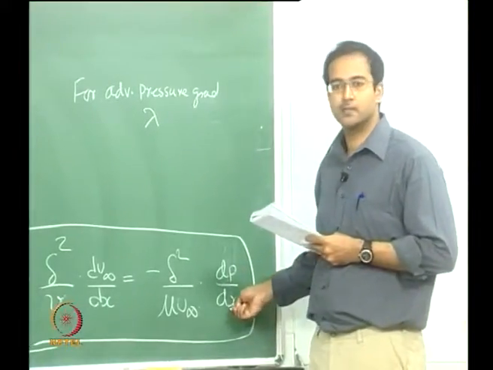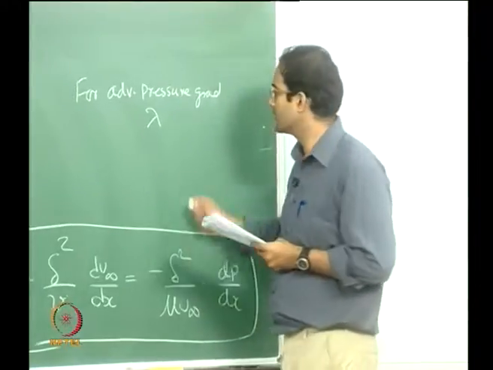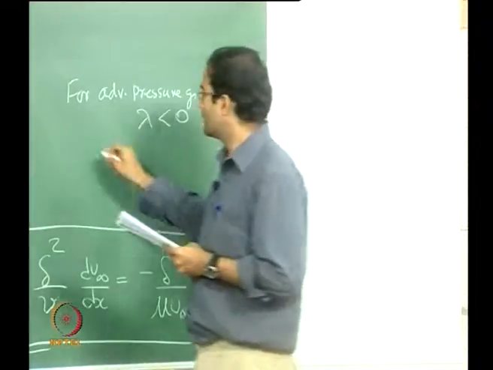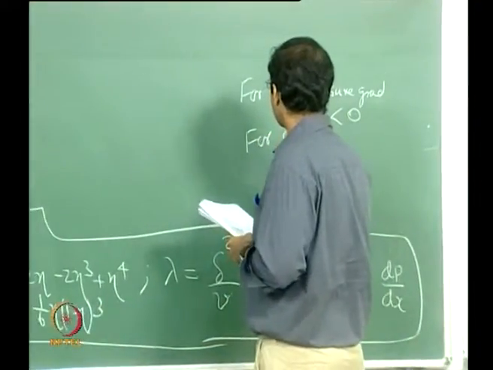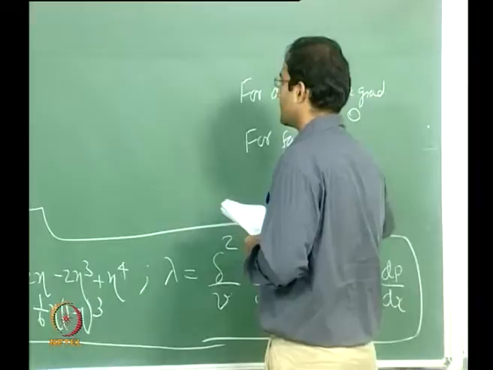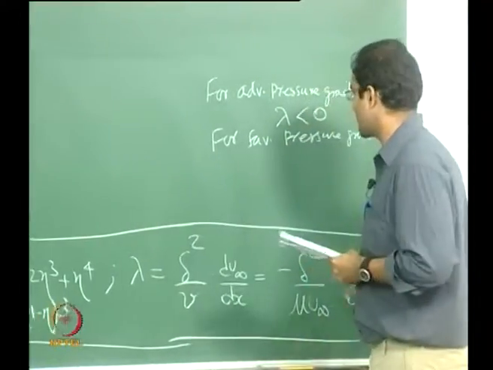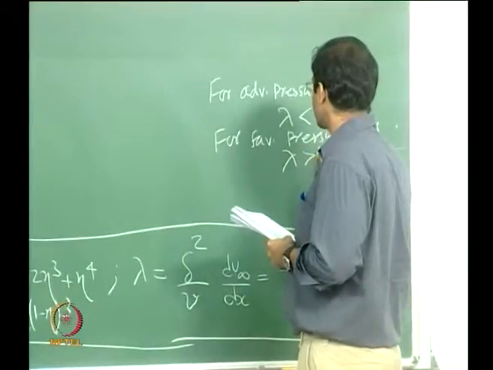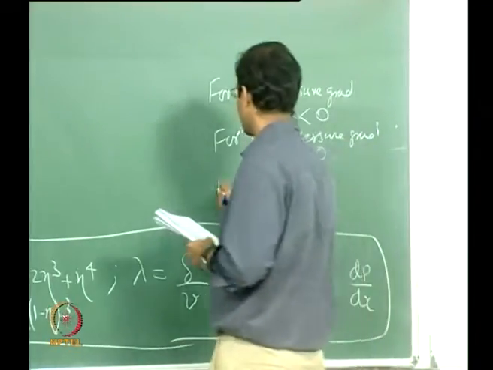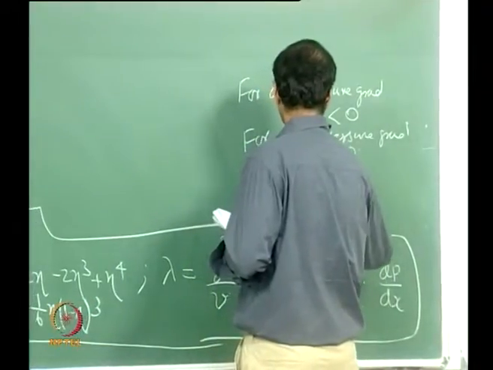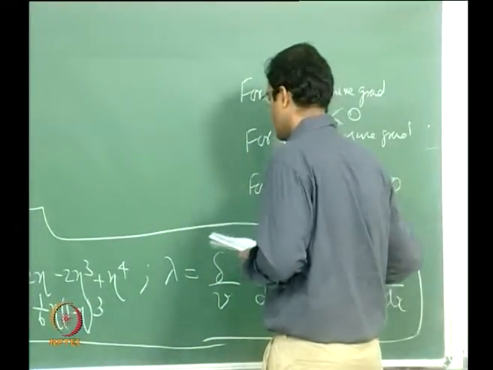If dp by dx is positive, then this has to be negative, okay, for favorable pressure gradient. So there dp by dx will be negative, so lambda should be greater than 0, and for flat plate case lambda should be equal to 0.